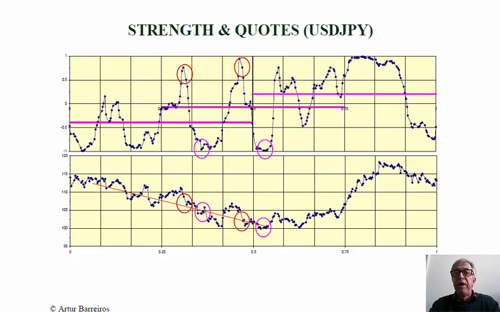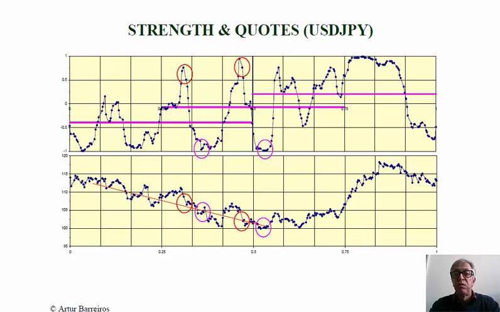In this figure, we compare the evolution of the strength indicator, which is presented in the first graphic, with the evolution of the quotes of the pair USD JPY. What we can highlight this time is the absence of clear entry opportunities in the first 6 months. The average trend of the quotes was downward, but the index only reached values close to unit twice.